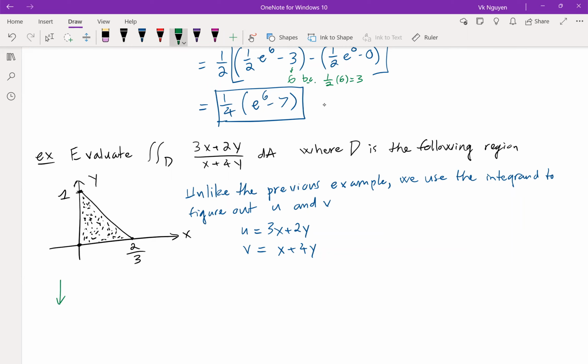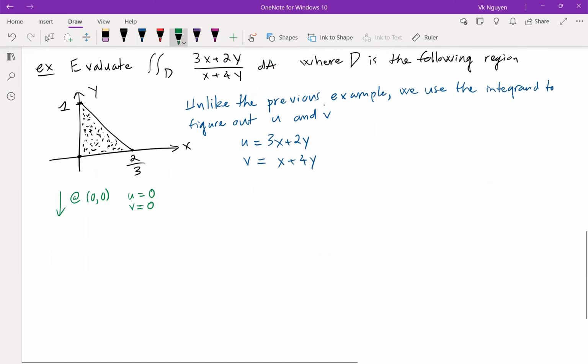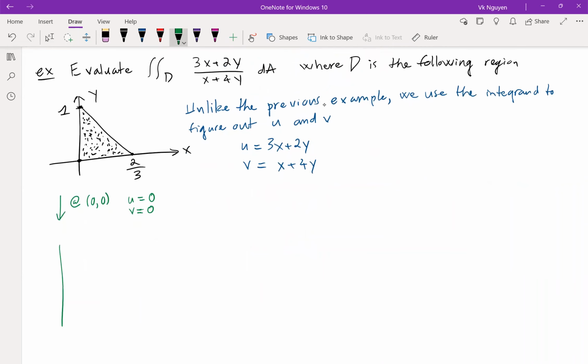So I'm gonna start at 0, 0, right? U is equal to 0, V is equal to 0. Let me do different colors so you can see.